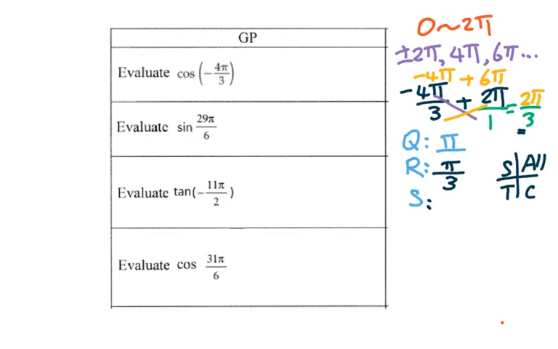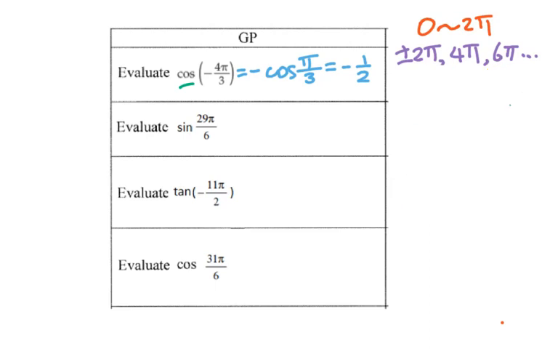Since I'm looking for cosine, so cosine for second quadrant is negative. Therefore, your answer will be negative cosine pi over 3. Pi over 3 is 60 degrees. That's why you get the negative 1 over 2. That's the answer.